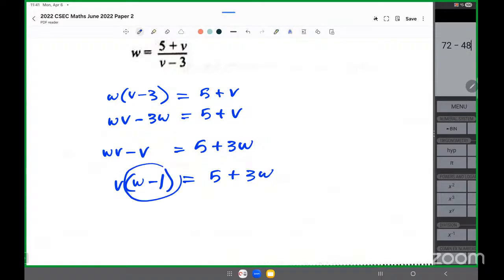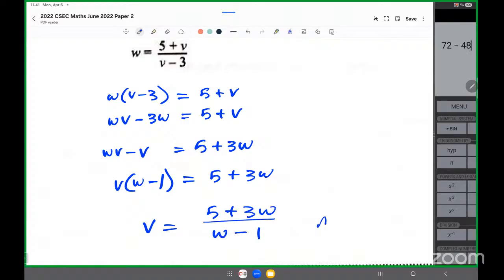Then I take this V times W minus 1 and divide it on this side to leave V as the subject. So V becomes equal to 5 plus 3W over W minus 1. Are you good with that?